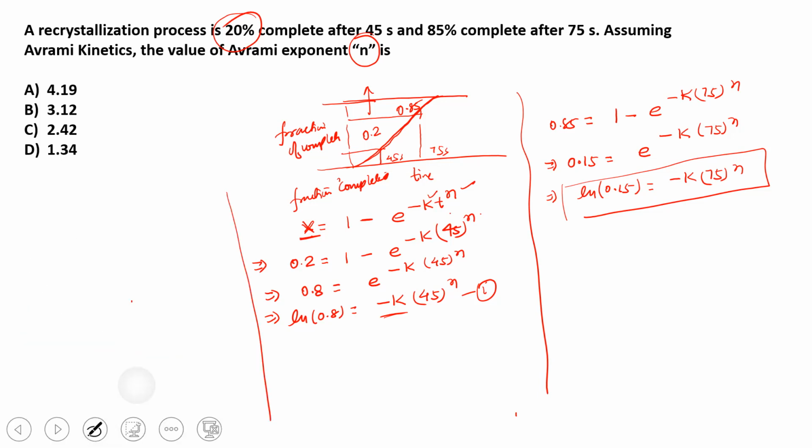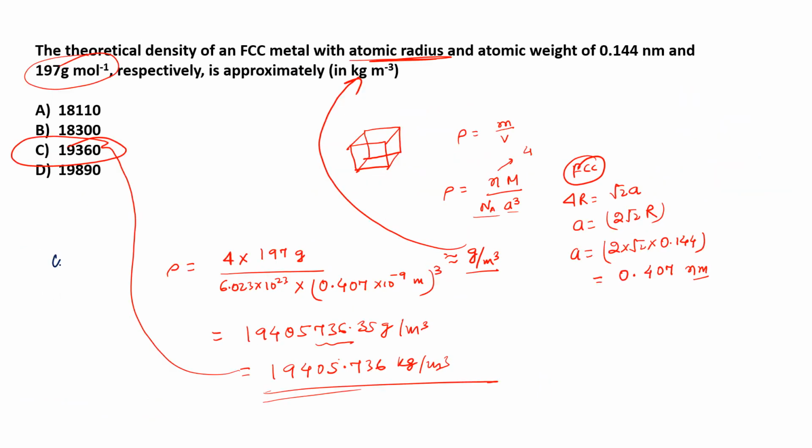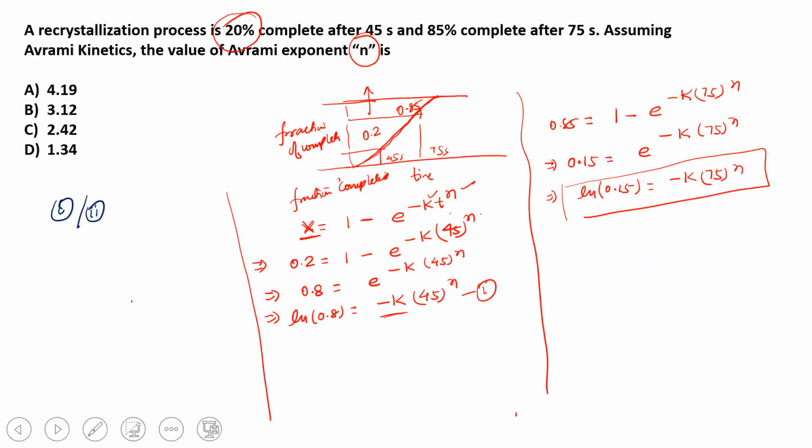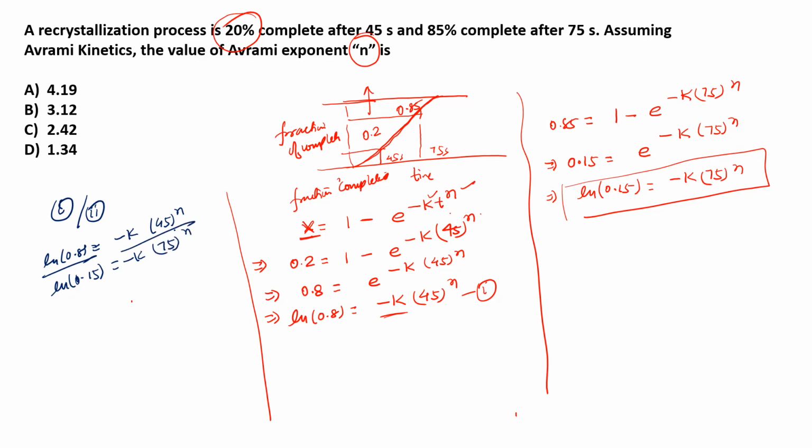Okay guys. So now first divided by second: ln 0.8 is equal to minus k 45 to the power n, over ln 0.15 is equal to minus k 75 to the power n. So k will be cancelled.